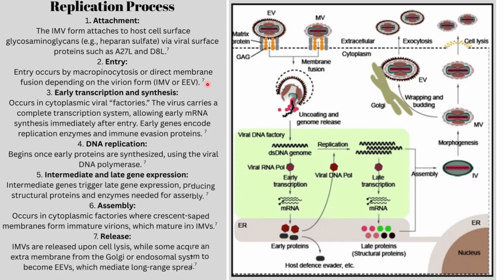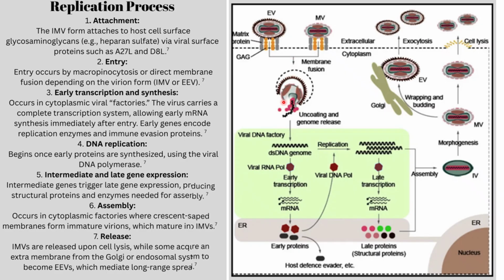Entry occurs by macropinocytosis for the IMV, and direct membrane fusion, depending on the virion, for the EEV. This one, because it has the envelope, can directly fuse to the lipid bilayer, and this one needs pinocytosis.